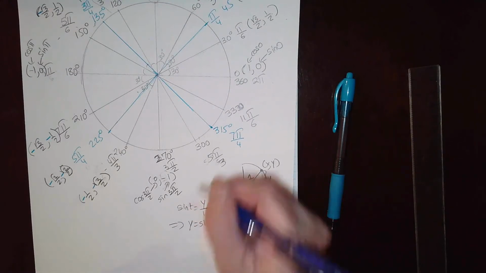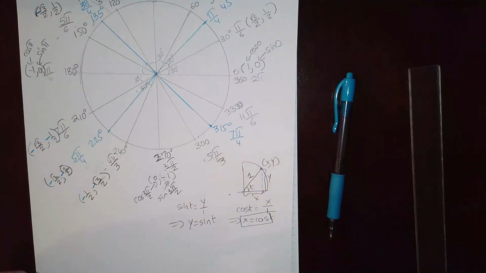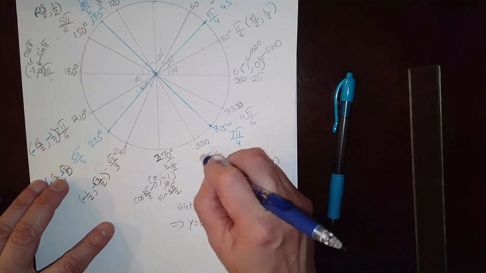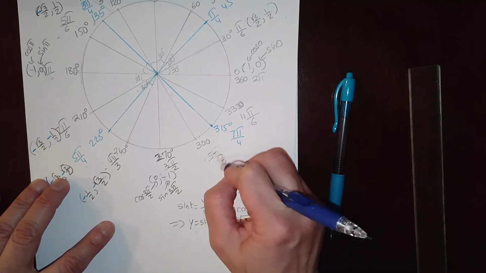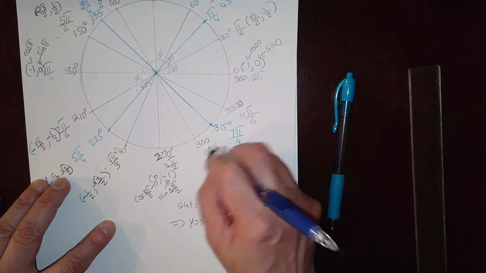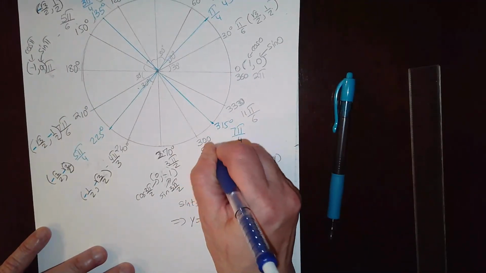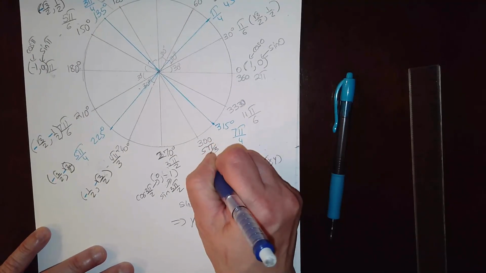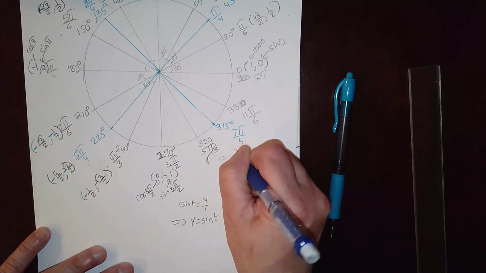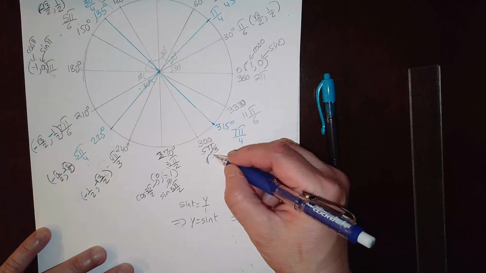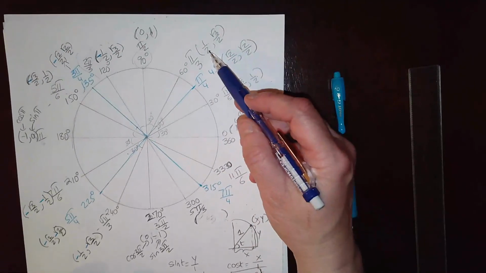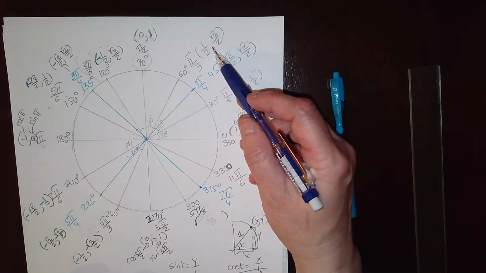Okay, so now let's take a look at this one, 300. Just going to erase to have more space here. That's 5 pi over 3. The point right here, remember the reference angle is pi over 3, and you know pi over 3 is 1/2, root 3 over 2.